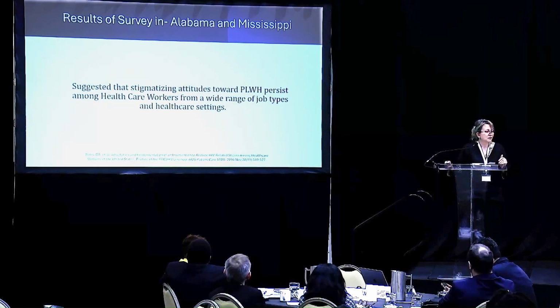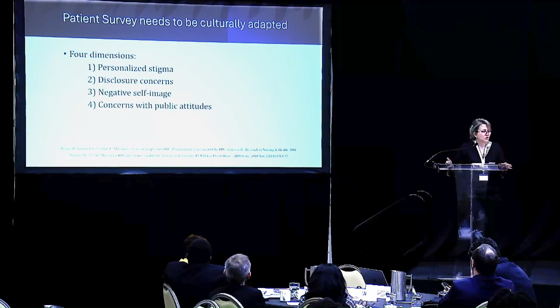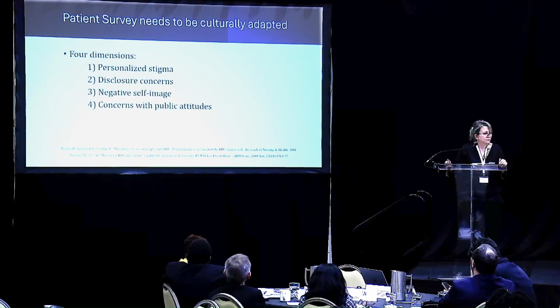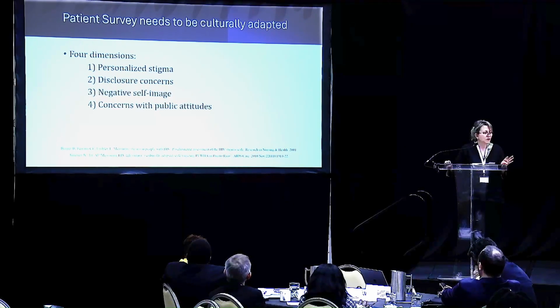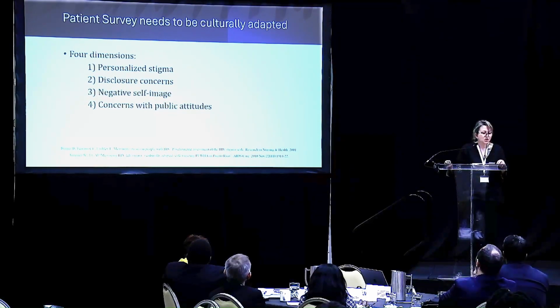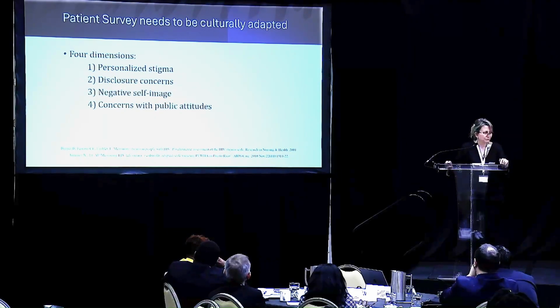Surprise, surprise. Then they did a patient survey. Again, these are standardized surveys, and of course, they can be adapted. I have references in case you want to look at them. The 4 dimensions for people living with HIV were personalized stigma, disclosure concern, negative self-image, and concern with public attitudes.